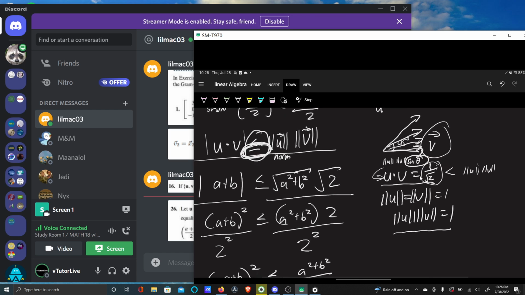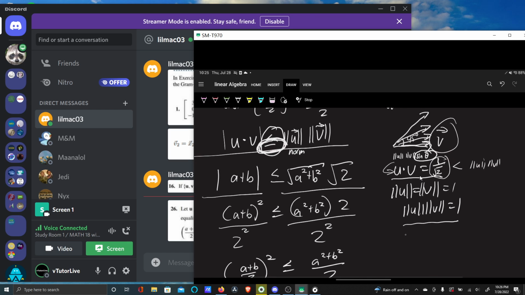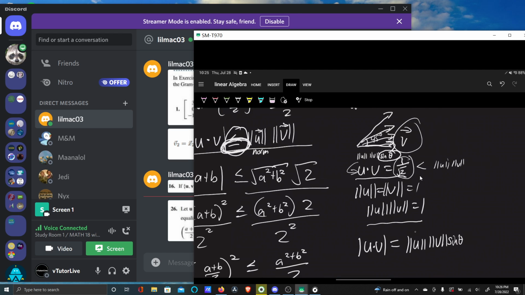Yeah, because after all, I'm just going to rewrite it, right? U dot V is equal to the magnitude of U times the magnitude of V times the absolute value of sine theta, and this is saying that this is going to be less than or equal to the magnitude of U times the magnitude of V.